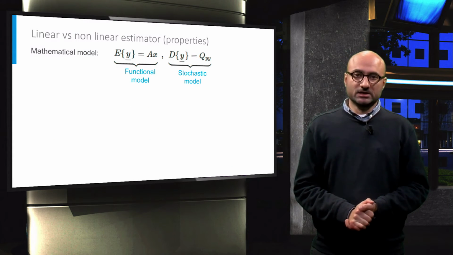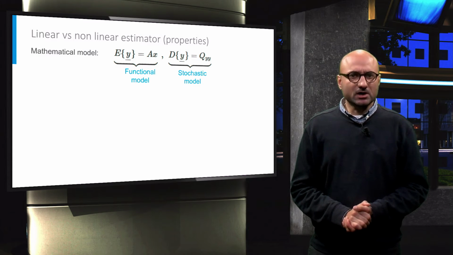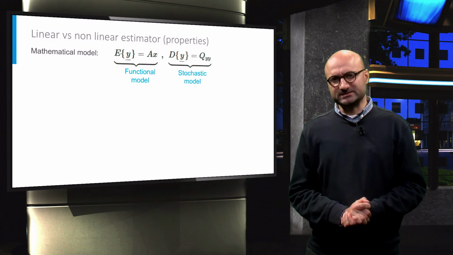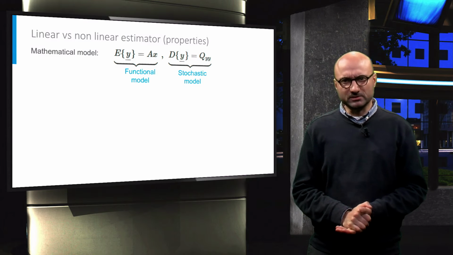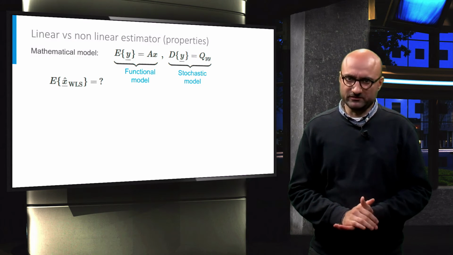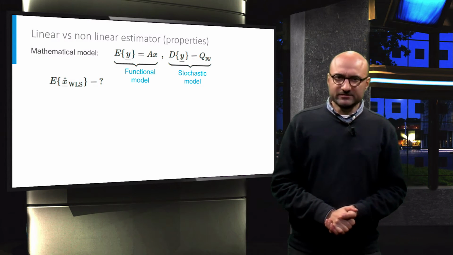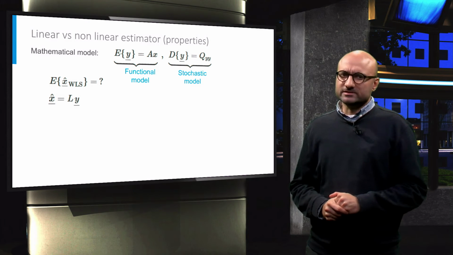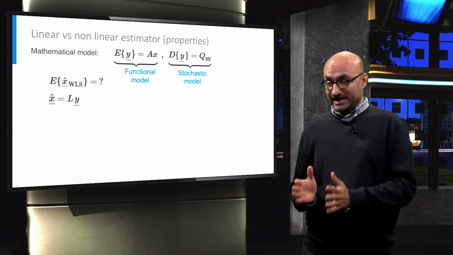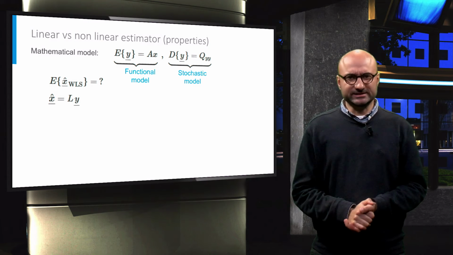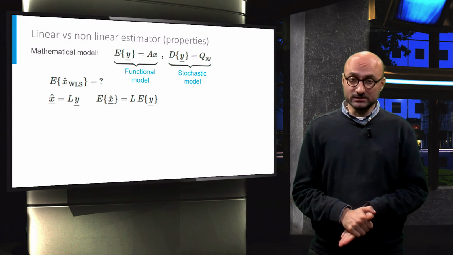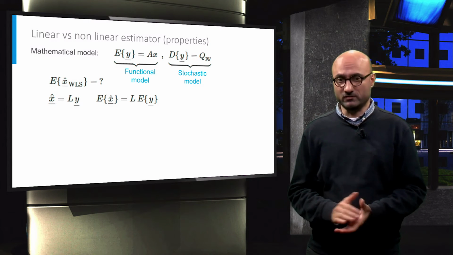Okay, now what can we say about other statistical properties of x hat? For example, what is the mean or expectation of x hat? If x hat is a linear estimator, for example, x hat equals Ly, then its expectation can be written as L multiplied by the expectation of y.